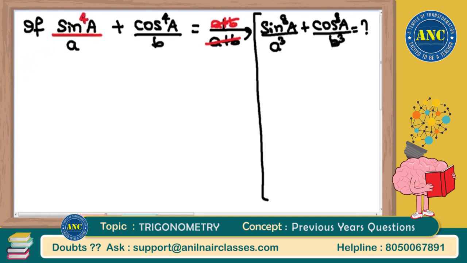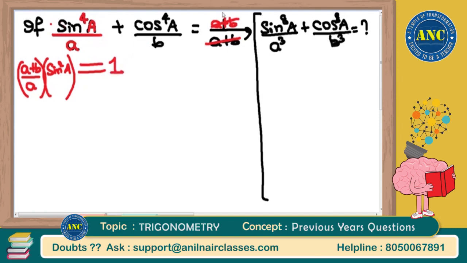Out of sin power 4 a, keep sin square a outside. I am left with another sin square a along with a plus b by a, because I should multiply with a plus b also. That means one of my coefficients is a plus b by a into sin square a. This should be equal to 1, because the sin square a coefficient should be 1.